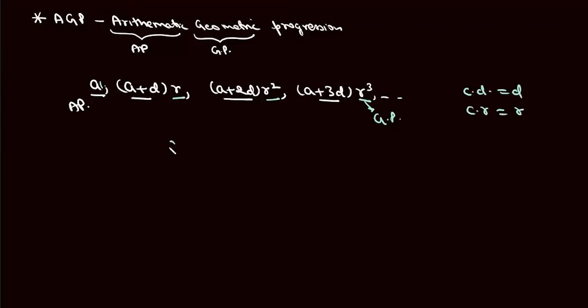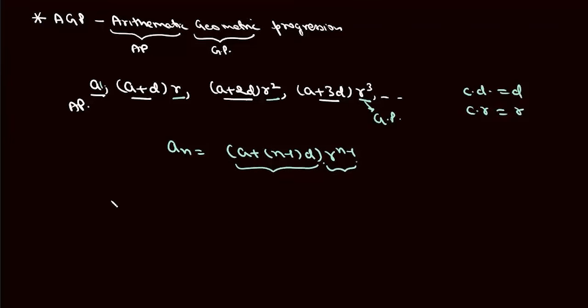So generally we can write its nth term as A plus n minus 1 D into R to the power of n minus 1. So basically in an AGP, this linear growth is multiplied by an exponential growth, which is very common in advanced summation problems.